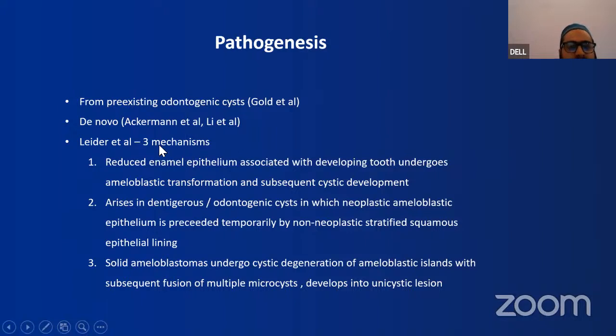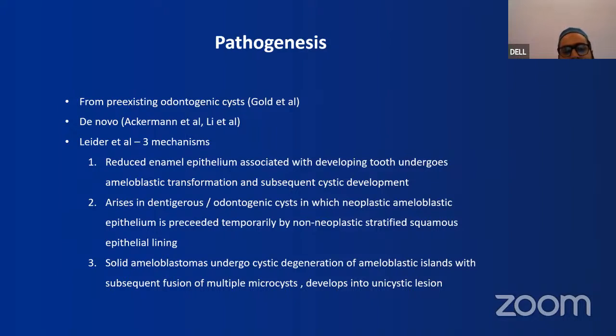And there are three mechanisms which have been proposed by Leiter et al. First one is the reduced enamel epithelium, which undergoes ameloblastic transformation and subsequent cystic development.